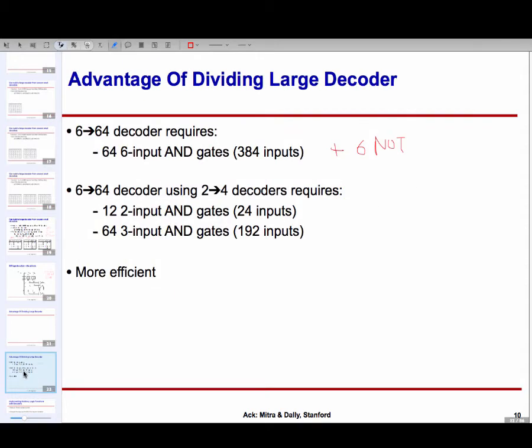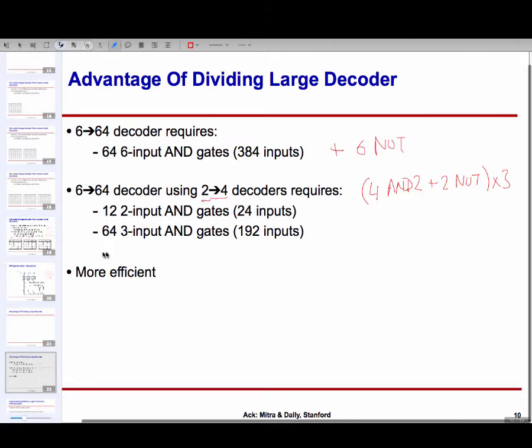If on the other hand I want to make this 6:64 using 2 to 4 decoders, remember that these 2 to 4 decoders, as we saw previously, needed 4 AND gates, 2-input, plus 2 NOT gates. And I would need 3 of these, because I need 3 2 to 4 decoders.